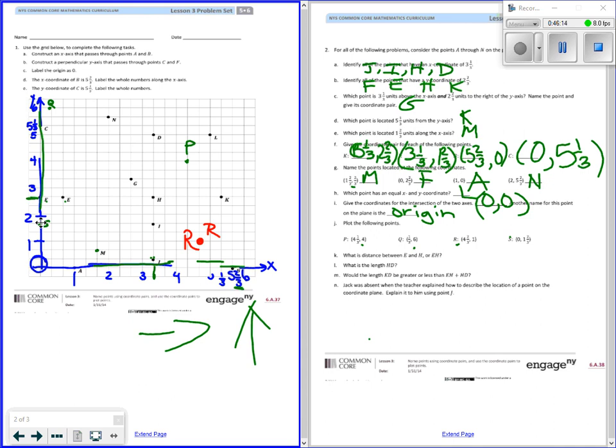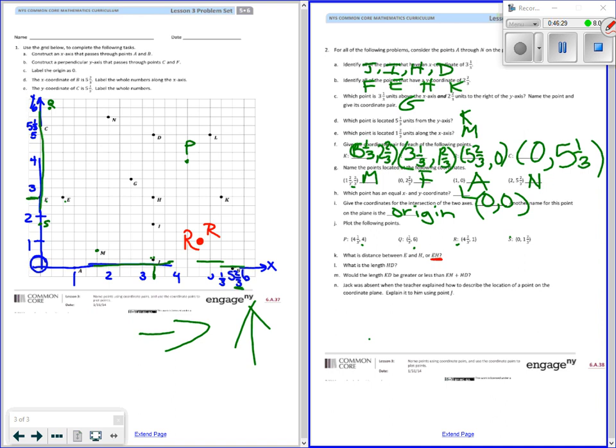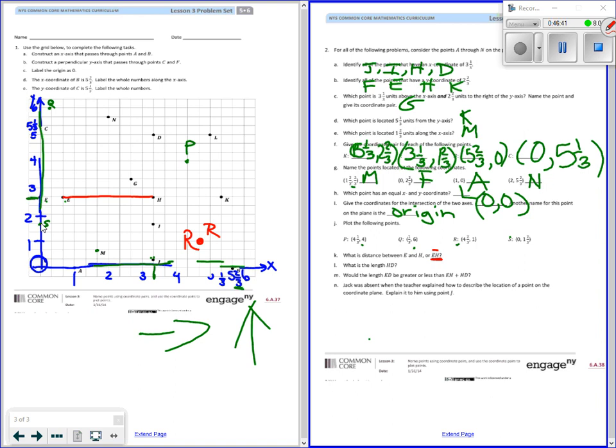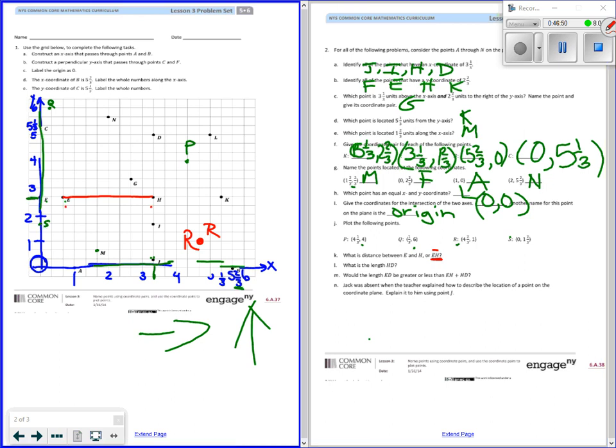It goes up 1 2/3. And then on these with the lines, what is the distance between E and H, EH? When they put them together like this, EH, it is like making a line segment with those two points. Normally they would have a little line over the top, which you might have done in 4th grade. But they're asking what is the distance between E and H. You don't have to go 1/3, 2/3, 3/3.